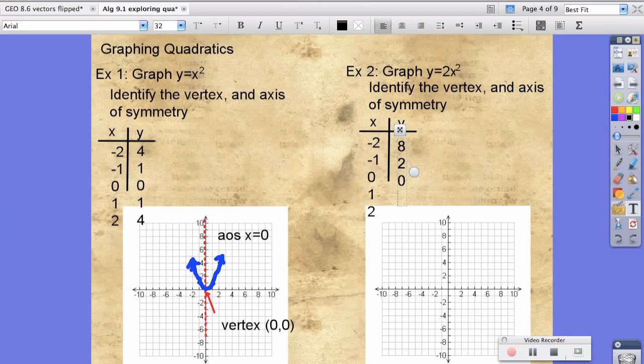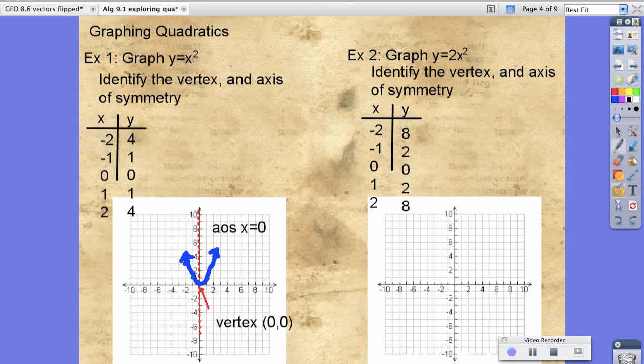This becomes 0, this becomes 2, and 8. So when we plot these particular values, we have -2, 8, -1, 2, 0, 0, 1, 2, and 2, 8.